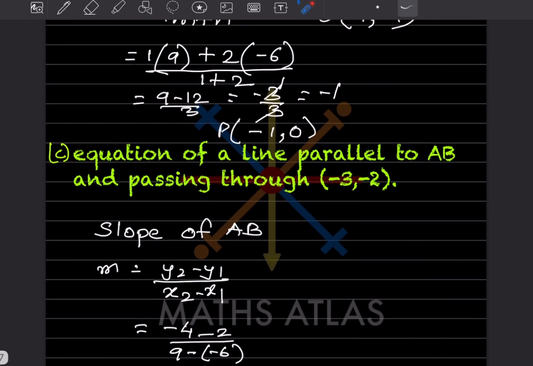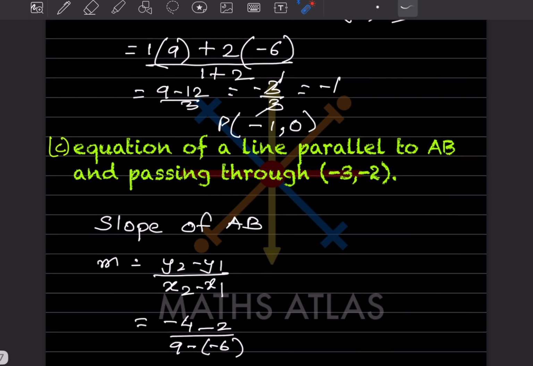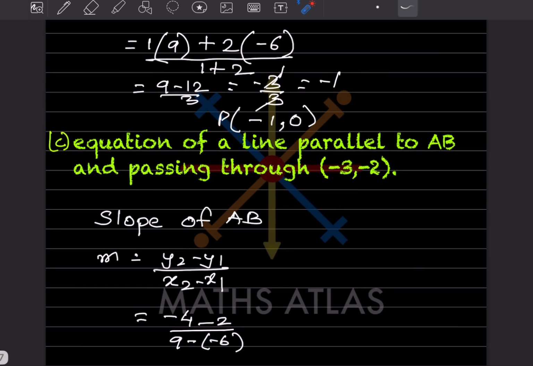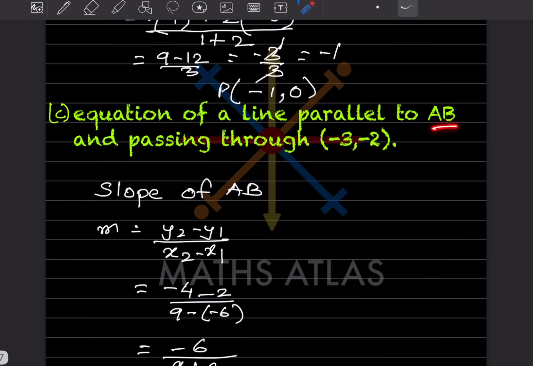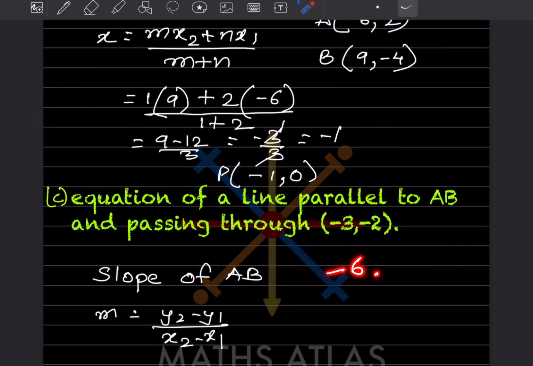Equation of a line parallel to AB and passing through (minus 3, minus 2). So whenever we have such a thing, the first thing we have to do is find the slope. This is parallel to AB, so slope of AB. The formula for m, which stands for the slope, is y2 minus y1 divided by x2 minus x1. So we will see the points, that is minus 6, 2 and 9, minus 4.